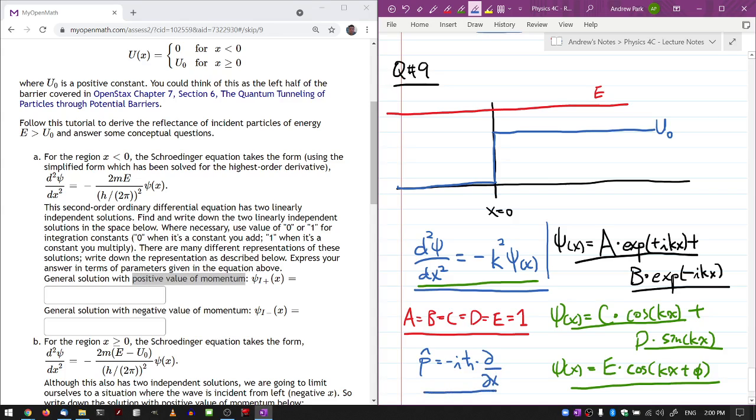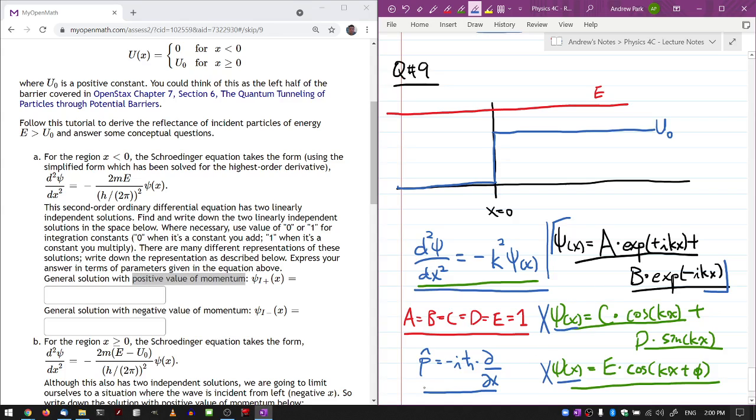And any of these real sinusoidal functions will not fulfill this role, because when you take the derivative, you don't get the same function back. So it's not a momentum eigenstate. Only this form of solution, with the complex exponentials, will fit this description.